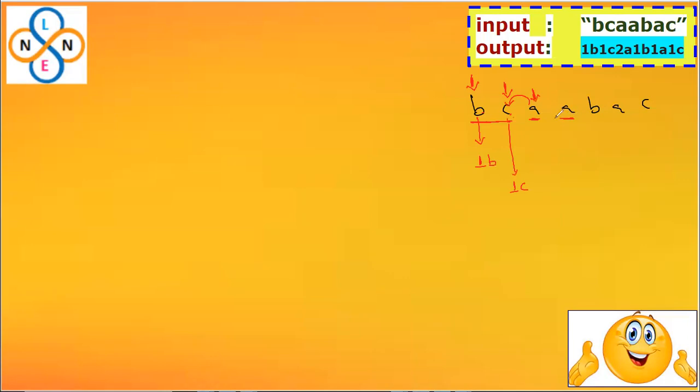Yes, it is A. So these A's were two together, therefore the result for this has to be 2A. Correct? Then go for B, and B is only 1, so print 1B, and then similarly 1A followed by 1C.